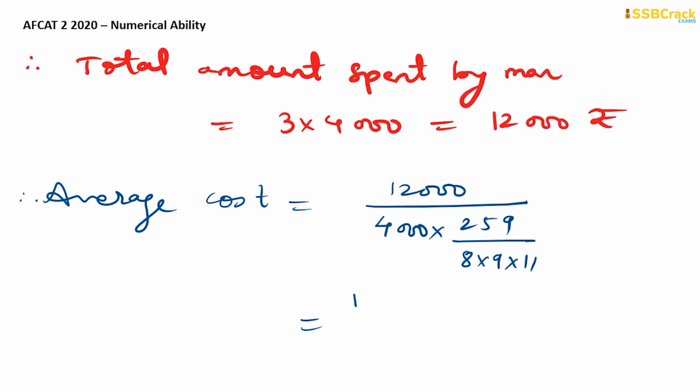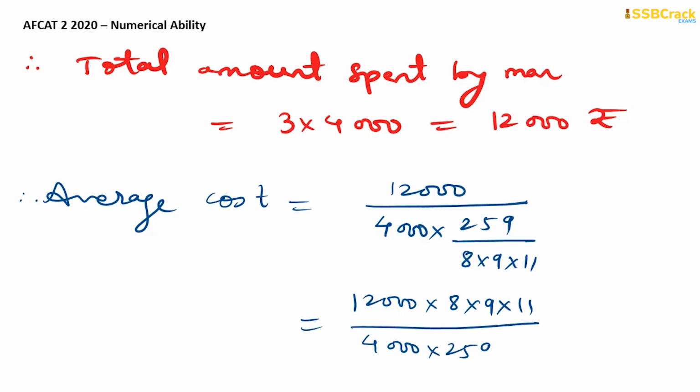So we can rewrite this as 12,000 multiplied by 8 into 9 into 11, divided by 4,000 multiplied by 259. You can easily do this calculation: 4,000 into 3.